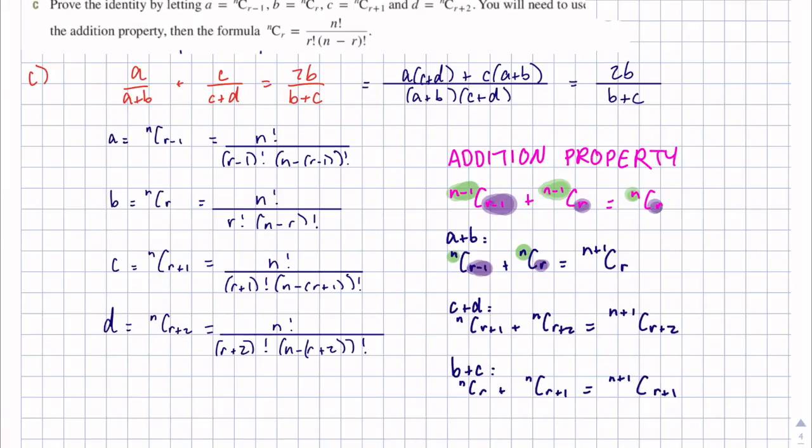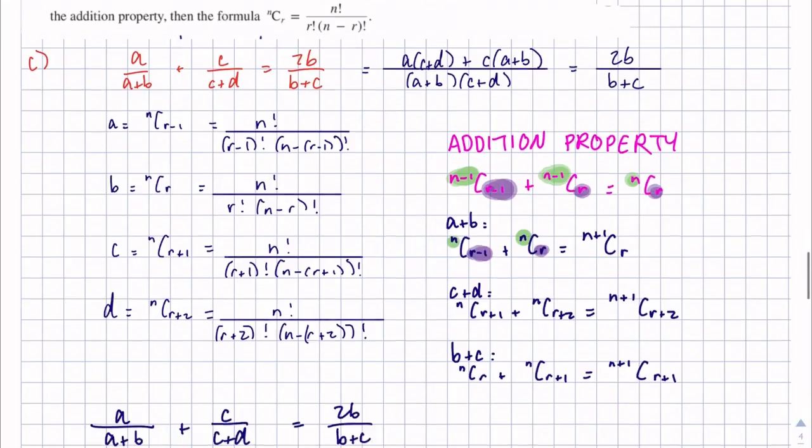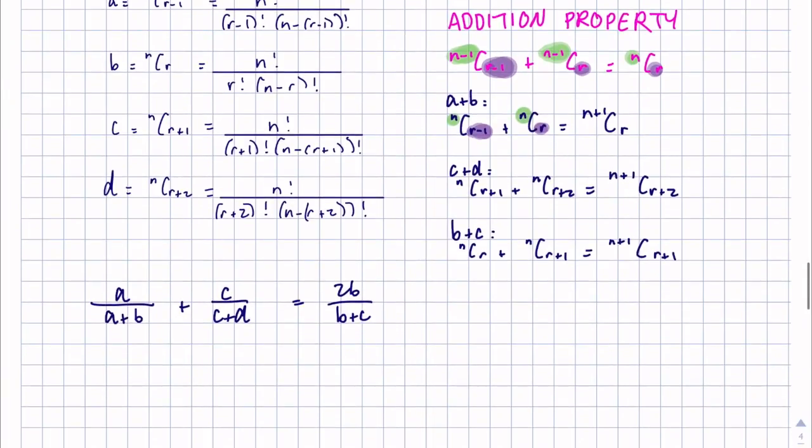So when we say A over A plus B plus C over C plus D equals 2B over B plus C, we're saying that's A, nC(r minus 1), divided by A plus B, which came out as (n plus 1) C r.